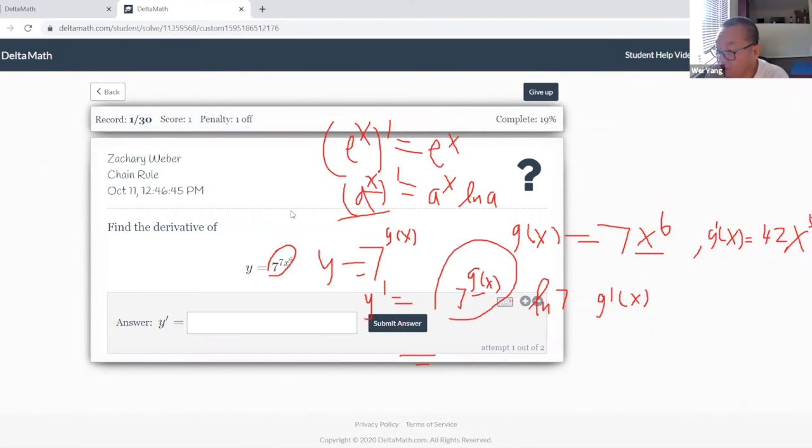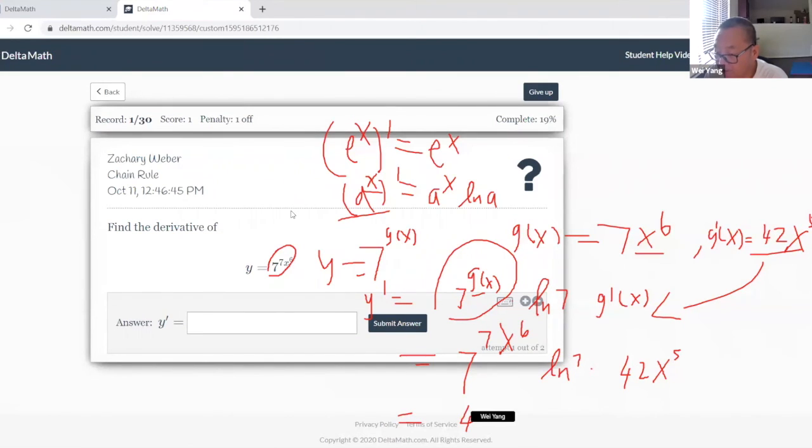So then you just plug this one to here, simplify. So gx just write this one, 7 x power 6, then times log 7, then times 42 x power 5. Then finally, you can take all the coefficients in the front.